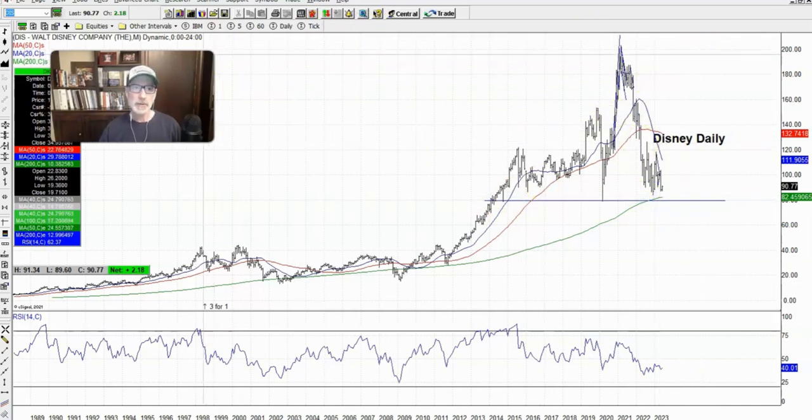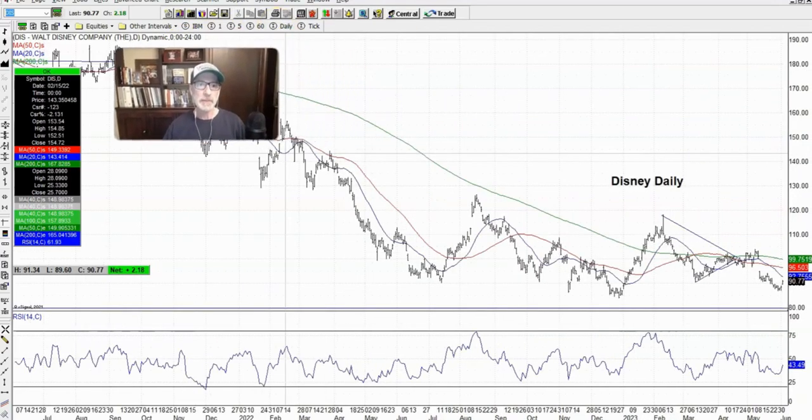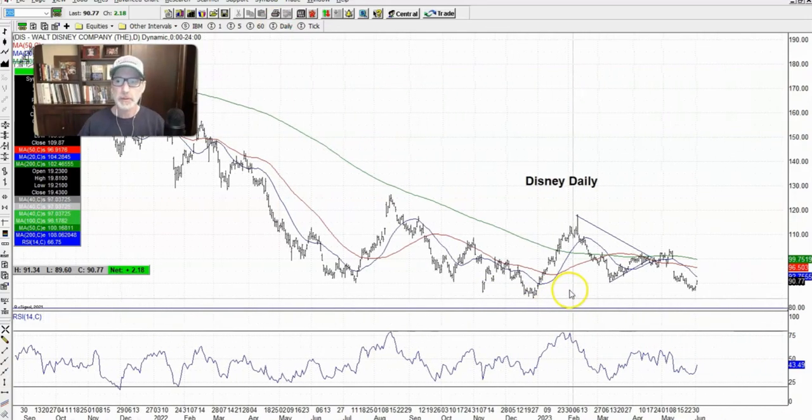All right, so let's go back to the daily. We've got our daily chart on Disney. Even on the daily, we can draw a little support line right here, in the low 80s. This is the secondary support line.